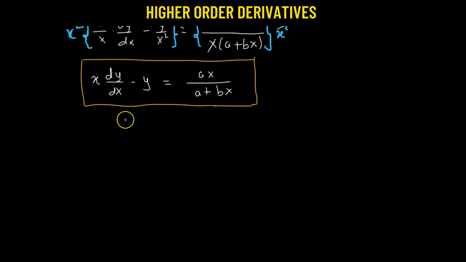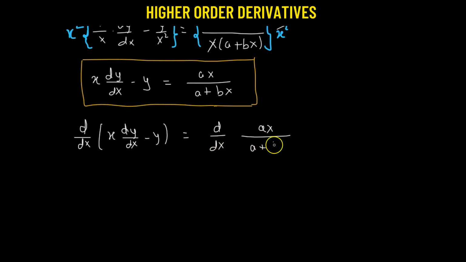Now we'll take the derivative on both sides with respect to x. So let's take the derivative with respect to x of x dy over dx minus y equals the derivative with respect to x of ax divided by a plus bx. Right. So that's the derivative with respect to x of x times dy over dx minus y, the derivative of y with respect to x.